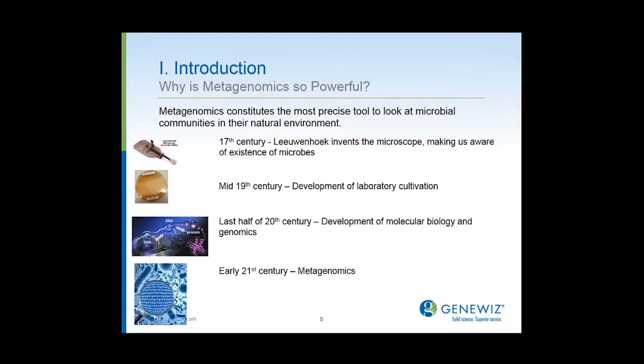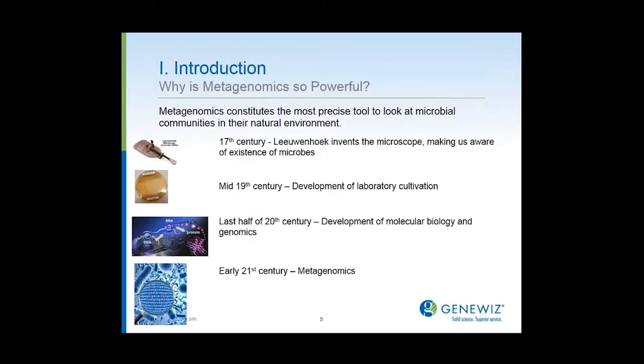What is so powerful about metagenomics? Metagenomics constitutes the most precise tool to look at microbial communities in their specific natural locations. And just to give it some context, in the 17th century, the father of microbiology, Leeuwenhoek, invented the microscope, making us aware of the existence of microbes.